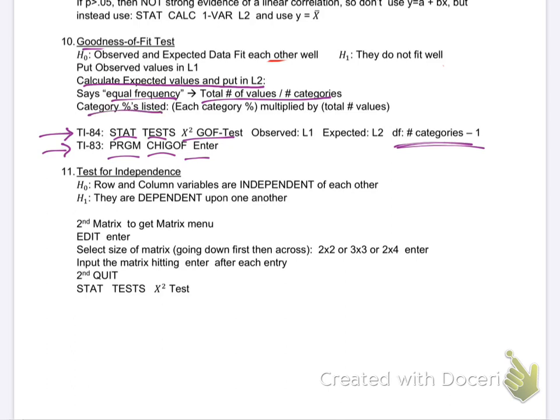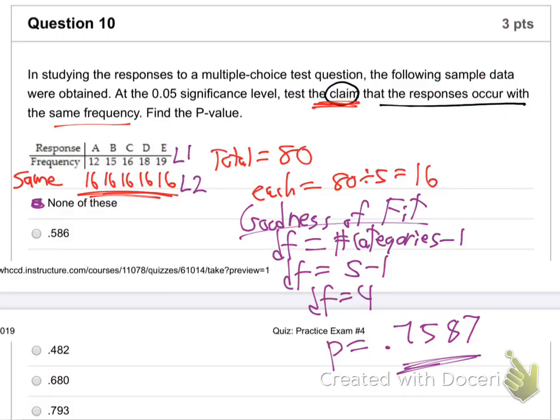If category percentages are listed, it's each category percentage multiplied by the total values. We just had those 2 examples. You ready for both those goodness of fit type questions? Questions on that one?